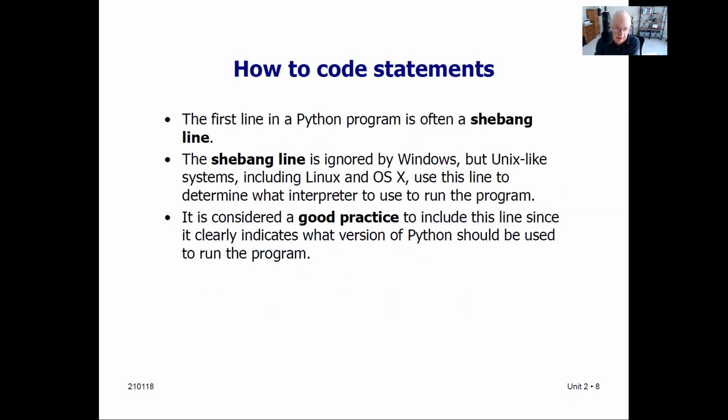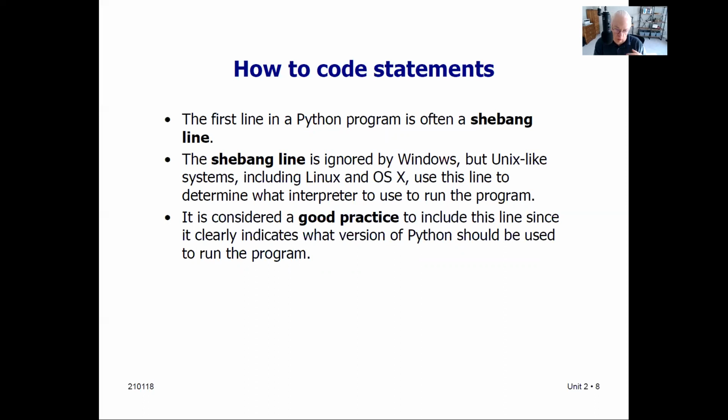Last week, we talked about the shebang line in all the Unix-like operating systems, Linux and OS X and those types of Unix operating systems. They require the shebang line we talked about last week. That's the very first line in a program in the top left corner that defines the interpreter for the code.